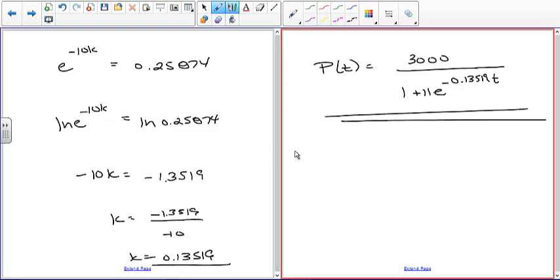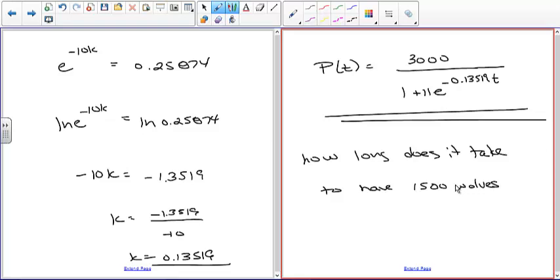And then let's actually ask the question: how long does it take to have 1,500 wolves? So that's half the carrying capacity. What is the time?